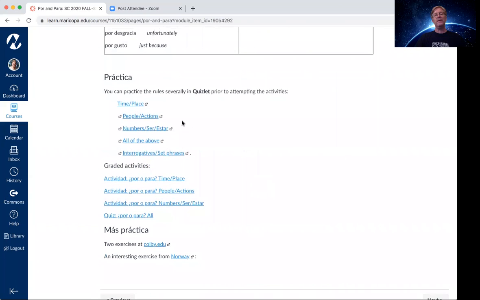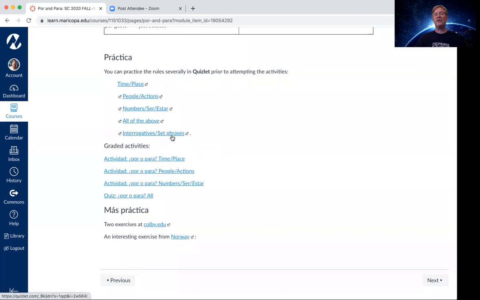Bien. So when you practice on Quizlet, I had said there's a section for each one. I was mistaken. We've paired them, things that are similar. So time and place, those two sections are in one study stack on Quizlet. Same with people and actions, numbers, ser and estar, all of the above, and interrogatives / set phrases. The reason we separated all of the above is because those are rule-based.